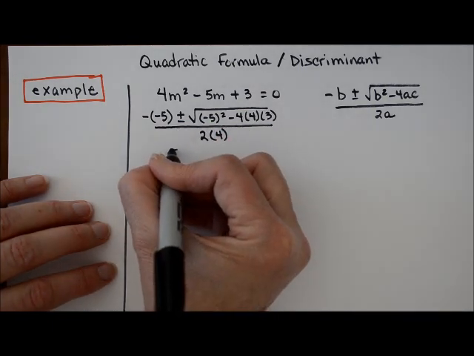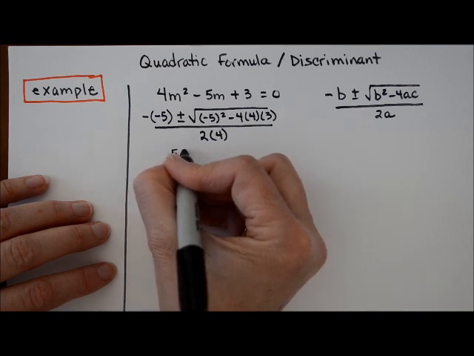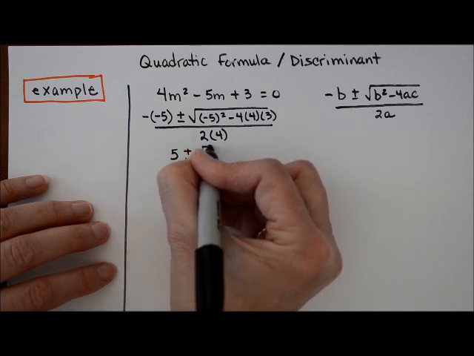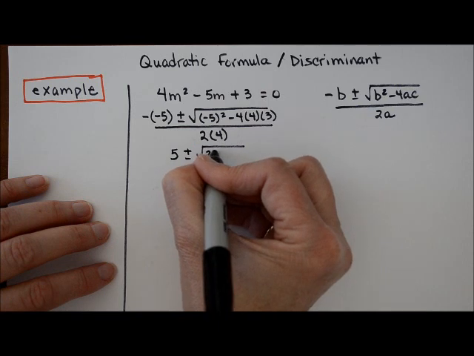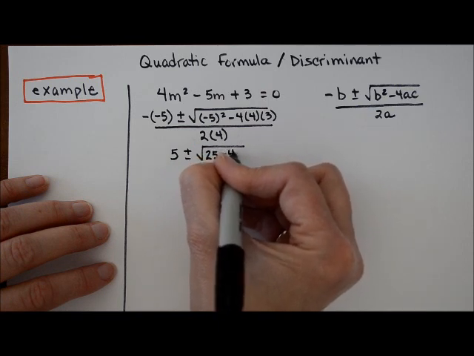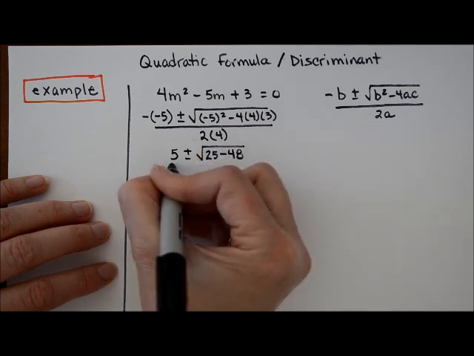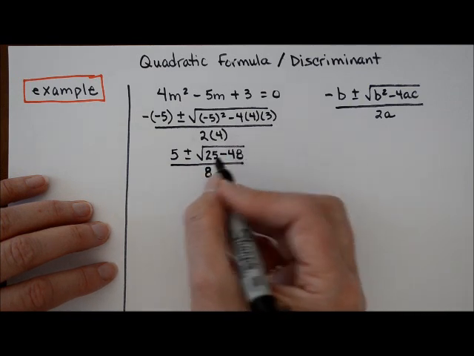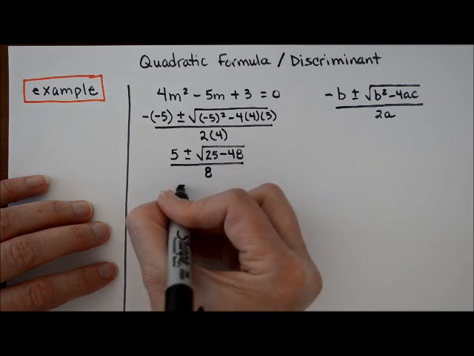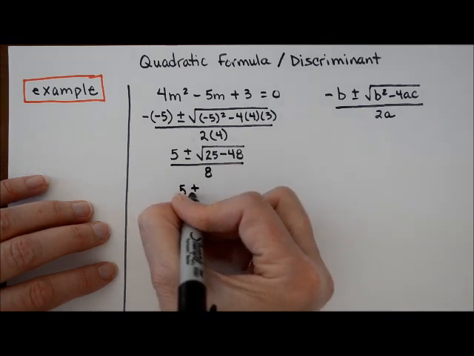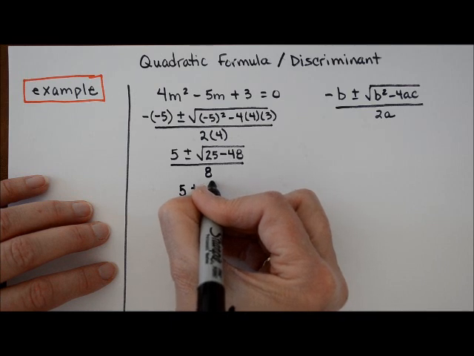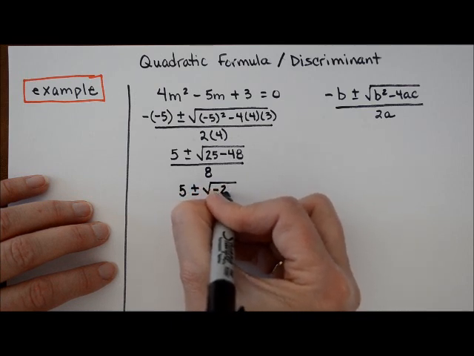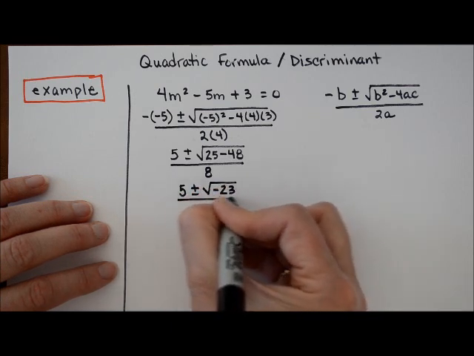Okay, so I'm going to simplify this. What I end up with is 5 plus or minus the square root of 25 minus 48 all over 8. Once I simplify that, I have 5 plus or minus the square root of negative 23 all over 8.